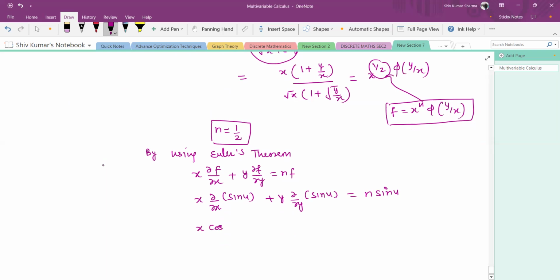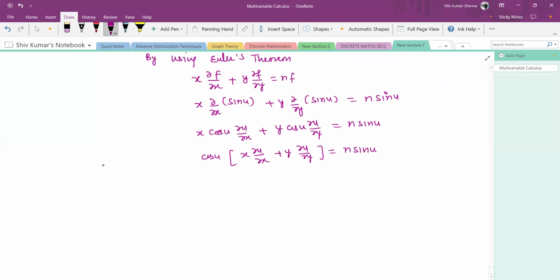The differentiation of sin u gives cos u ∂u/∂x, so we have x cos u ∂u/∂x + y cos u ∂u/∂y = n sin u. Taking cos u common, x ∂u/∂x + y ∂u/∂y = n sin u/cos u, which gives n tan u.